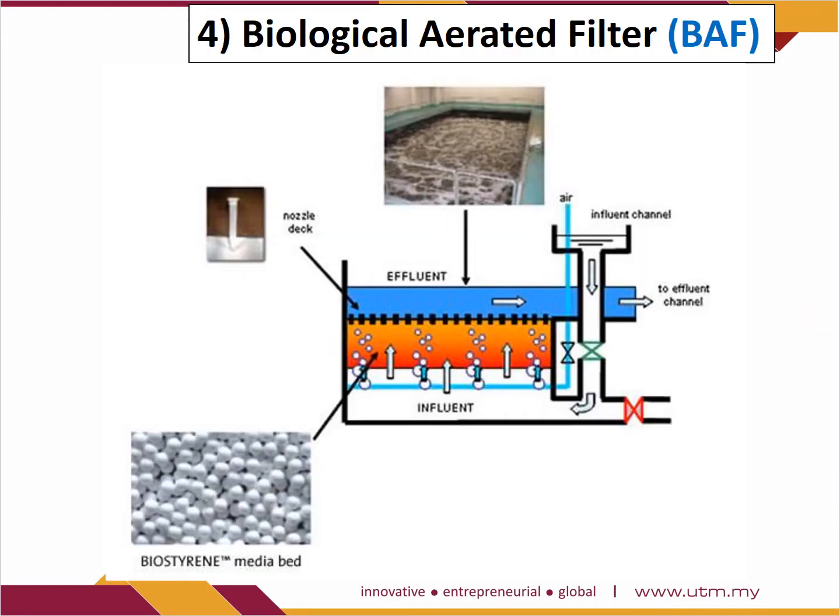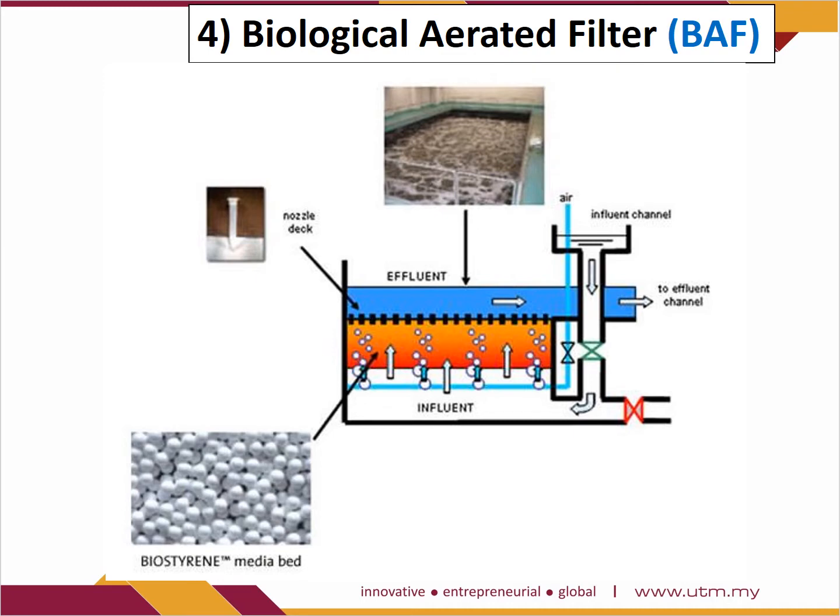Going into more advanced treatments such as biological aerated filter, conventionally this involves the filter comprised of a media bed such as polymer. We call it biostyrene. It looks like small particles of polystyrene. Why is it called bio?